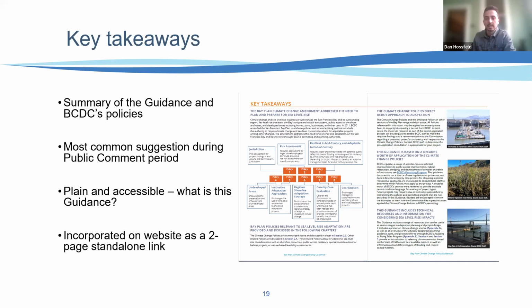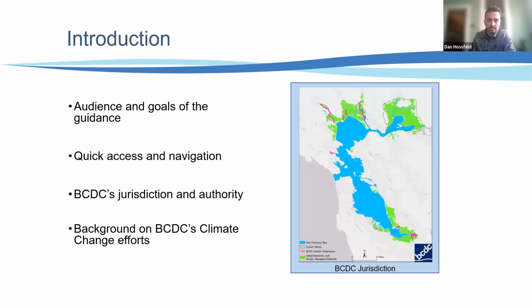This leads into the actual introduction, which includes the audience and goals of this guidance, an overview of BCDC's jurisdiction and authority in general, some background information on the Bay Plan climate change policies, and an overview of both BCDC's permitting program as it stands and the climate program efforts that have happened over the last decade.